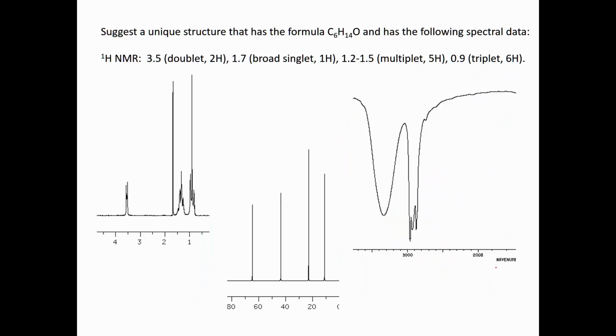We're going to suggest a unique structure that has the formula C6H14O and has the following spectral data. All right, so what we should do here is take this formula, calculate the degrees of unsaturation, and you find that there are no rings or double bonds in this compound.